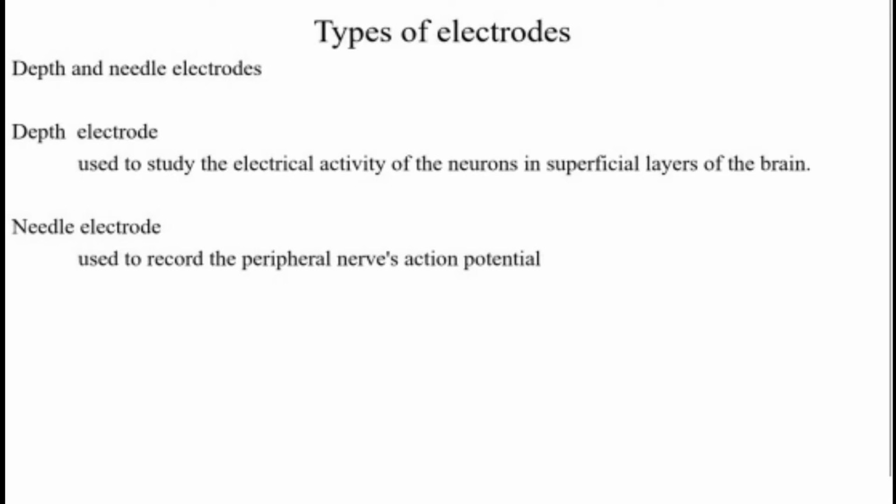Next is the depth electrode. Depth electrodes are used to study the electrical activity of neurons in superficial layers of the brain, that is, the surface of the brain.